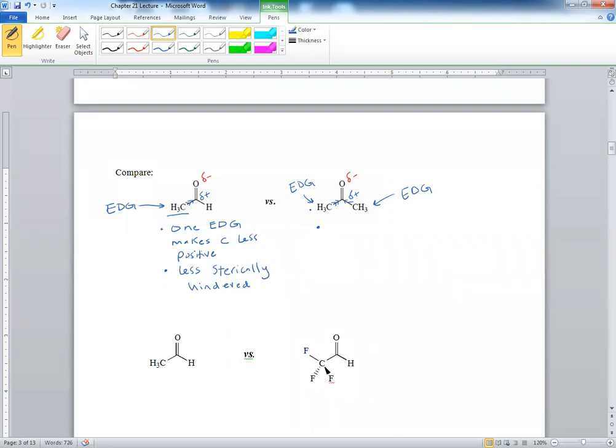So two EDGs make the carbon even less positive, which means it's more stable.